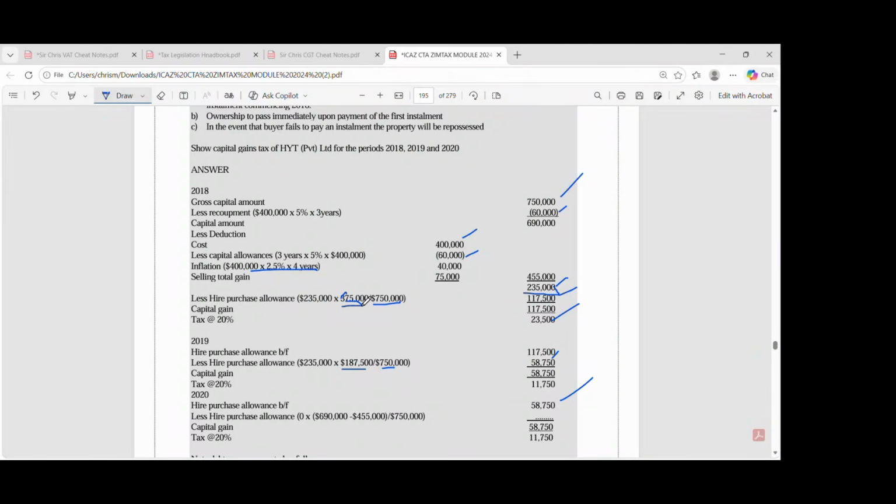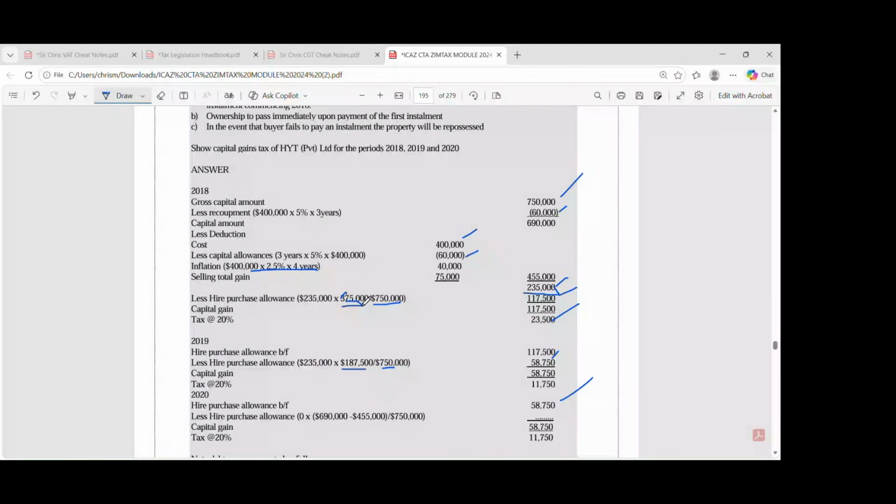I want to claim relief on the amount that I have not yet received. So about 375 over 750, it's the 375 not yet received. They are looking at the relief. So take, say, 117,500.